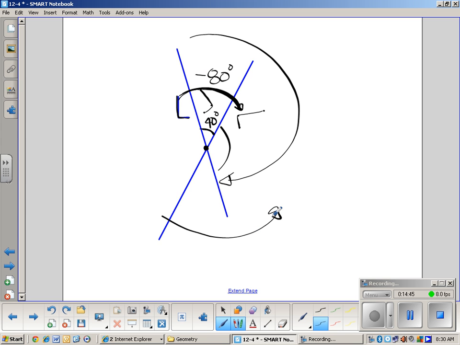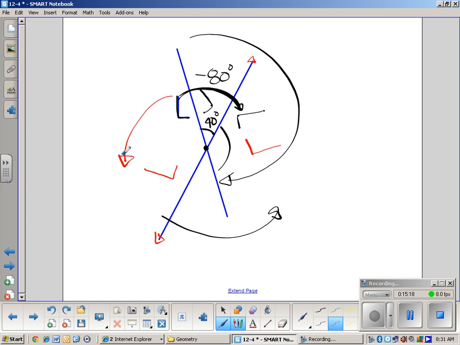And that all depends on which line I reflected over first. I'm going to turn this to red. And if I took this L and reflected over this line here first, I get something like this. Now if I reflect that over this line, I get something like this.